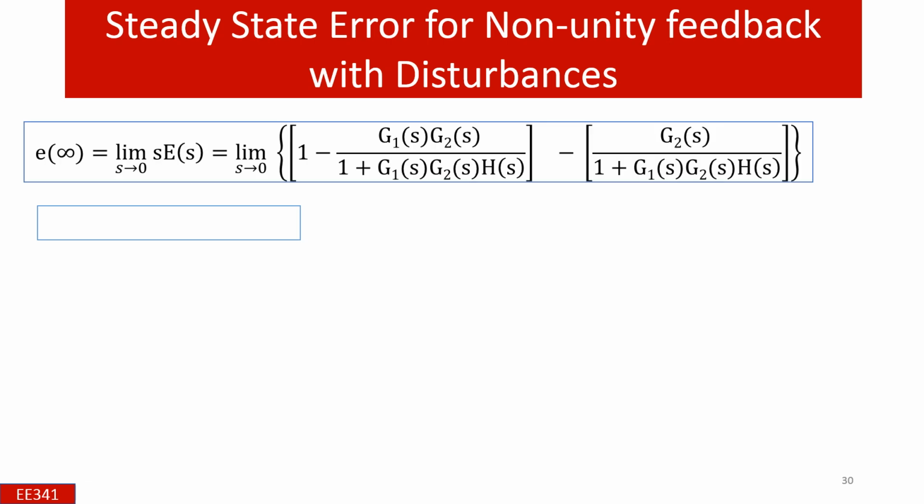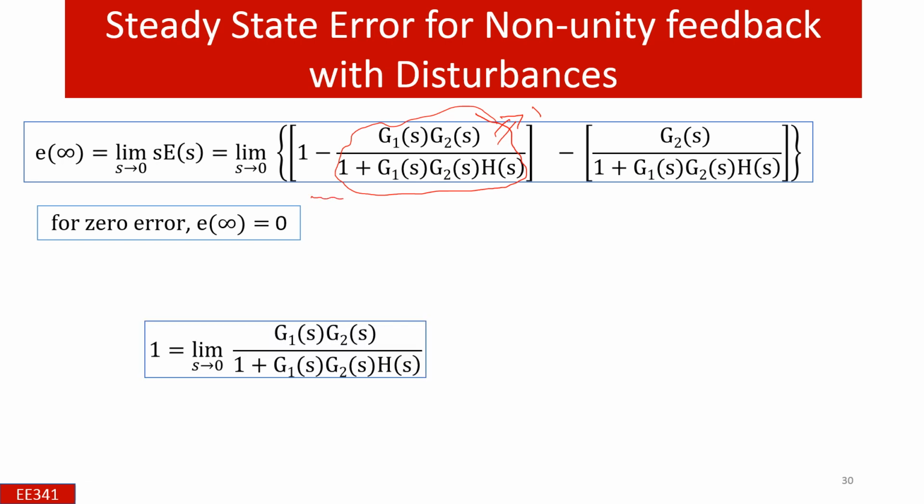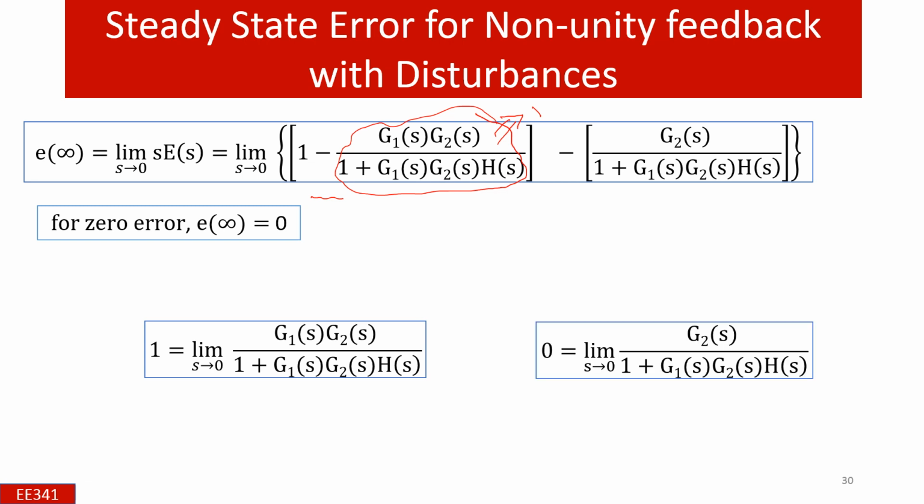This relation shows that the steady state error becomes 0 if this portion is equal to 1, if this whole value gives some unity value, then this portion becomes 0. Similarly, if we take this one equal to 0, then we have a steady state error equal to 0.